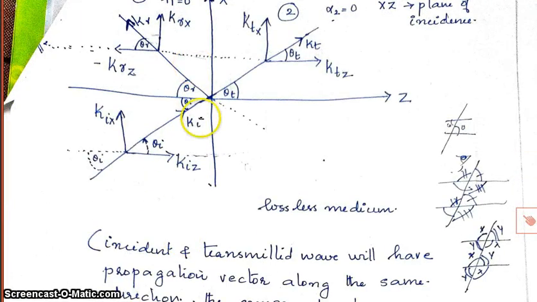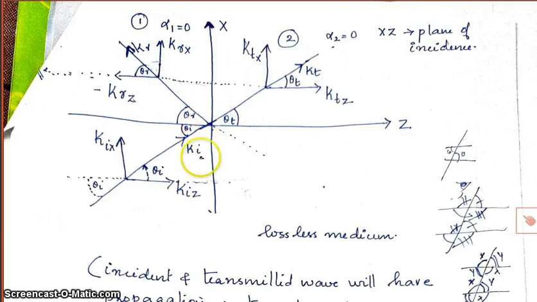Now again I am drawing the figure for parallel polarization. So here I am assuming xz to be the plane of incidence. So this is my first medium, this is my second medium, and the electromagnetic wave is incident in this direction.